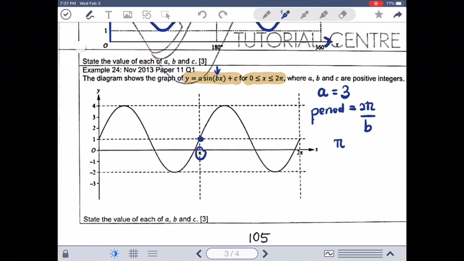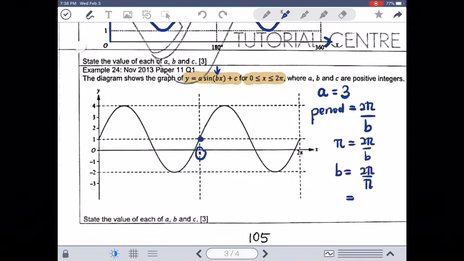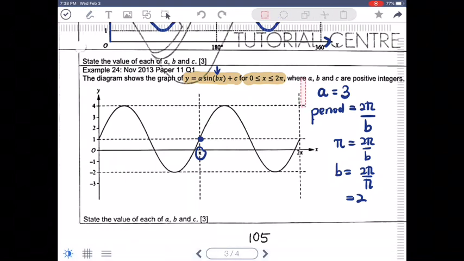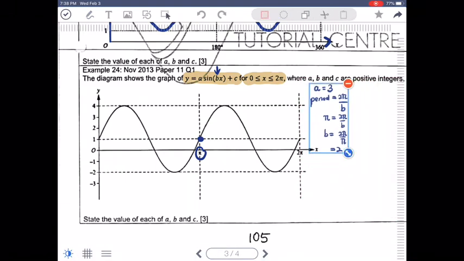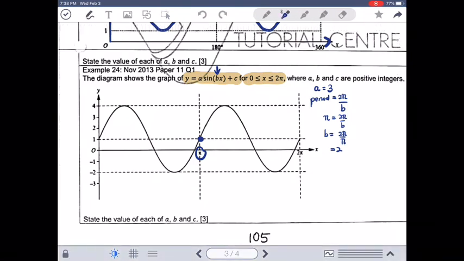And given that one period is equal to pi, so 2 pi over b equals pi, therefore b is just 2 pi over pi, which is just 2. Okay, so we have the value of b. Done. How about c? It's so obvious that c is just positive 1. We shift the graph up 1 unit.